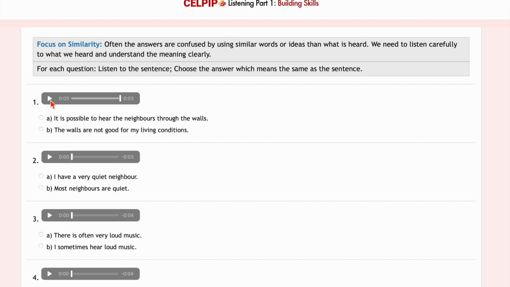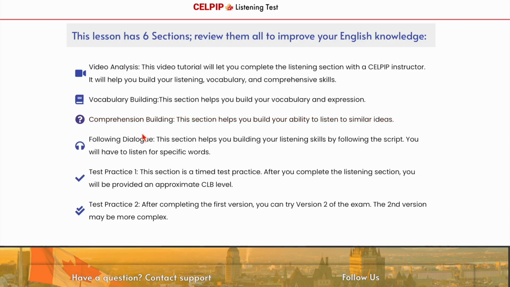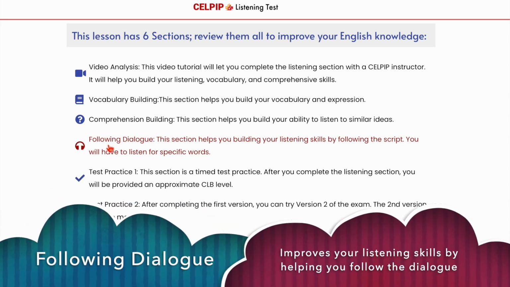And then after you listen to that sentence, you need to read option A and option B, and you need to decide which one, A or B, is similar to the sentence that we heard. This is a great exercise to help you build your listening comprehension, okay? And then after that, we have following dialogue.